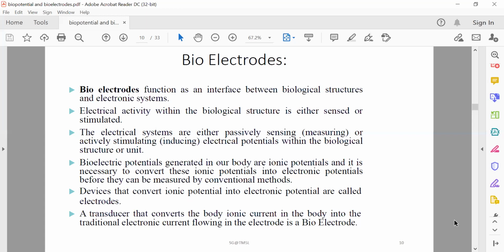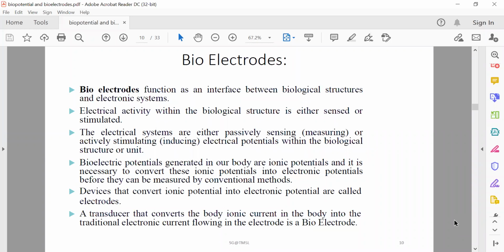These electrodes carry out a transducing function, where current flows in the body by ions along with current flow in the electrode by electrons. The bioelectric potentials generated in our body are ionic potentials produced by ionic current flow.